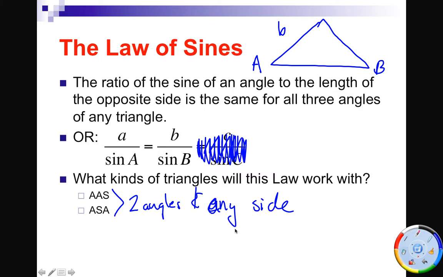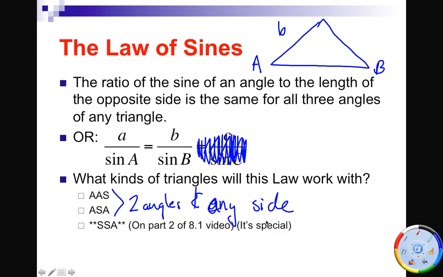And the third way that we can use law of sines is for the SSA. Now, you might remember from geometry that that was kind of a special thing that you weren't allowed to do. But in the law of sines, it actually does work sometimes. This is the special case.